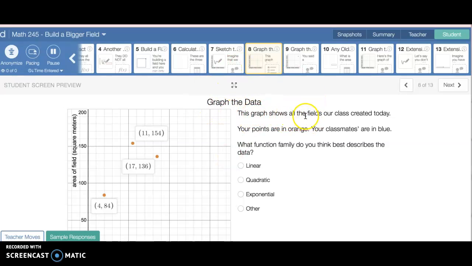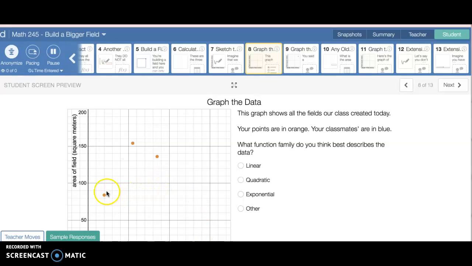This graph shows all the fields our class created today, which there would obviously be more. Your points are in orange, your classmates' are in blue. So if I had some classmates' results on here, they would obviously be in blue, but since I am the one who created these, they are in orange now. The question asks, what function family do you think best describes the data?